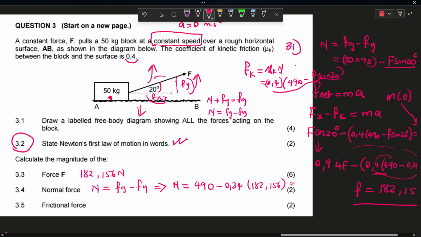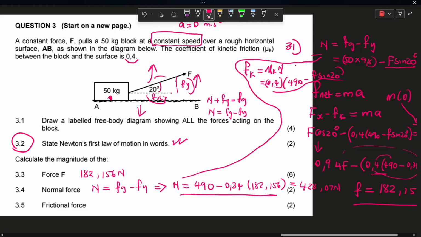When you press your calculator, the normal force will be 428,07 Newton. Where did I get this formula? Let me show you. We did this, that's where we are replacing: where there is F, we replace that F here.